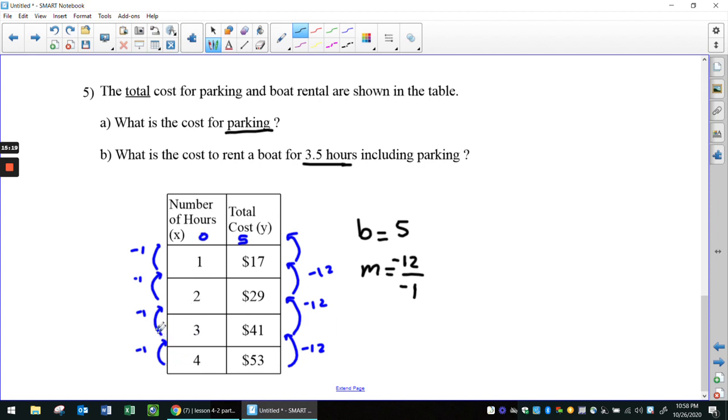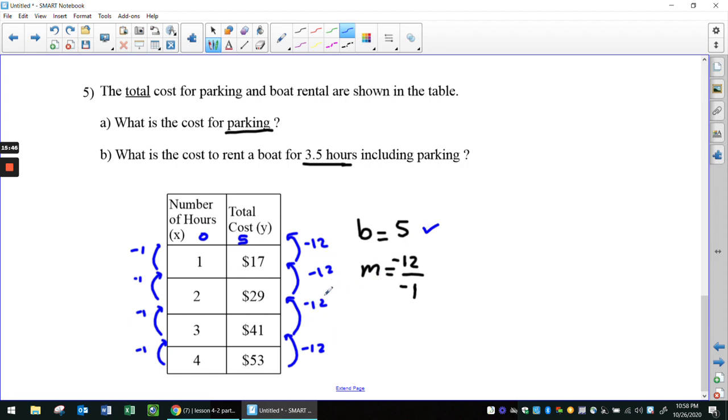As you can see, the x values are decreasing by 1 and the y values are decreasing by 12. So at the end here, when you take 17 and subtract 12, you'll get 5. So when x is 0, y is 5, and that is going to give us our y-intercept.